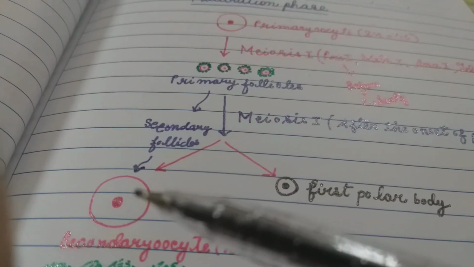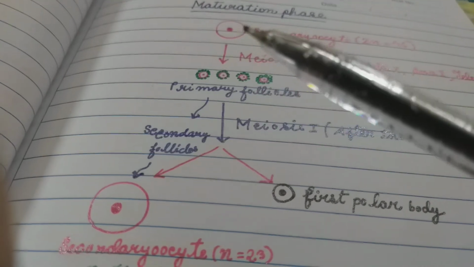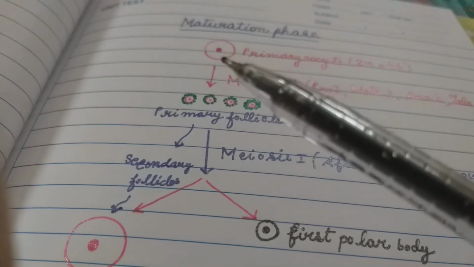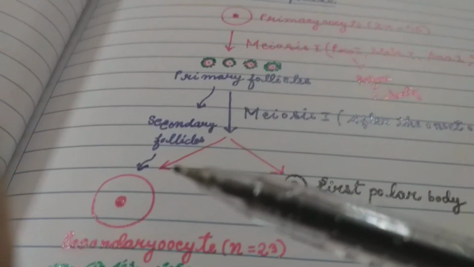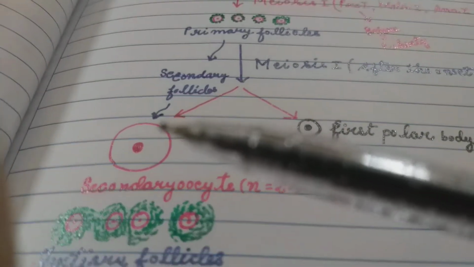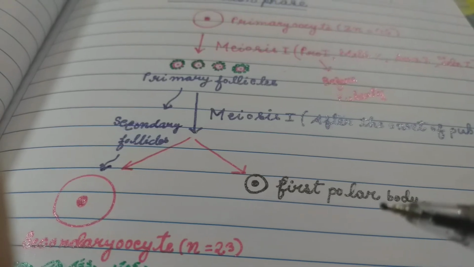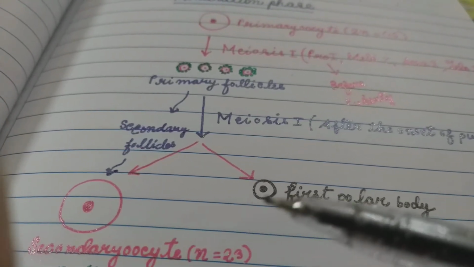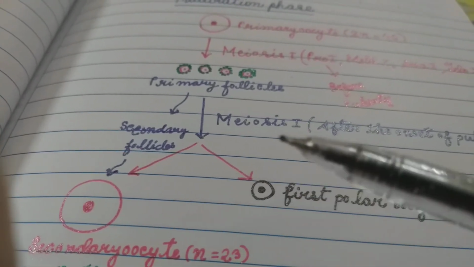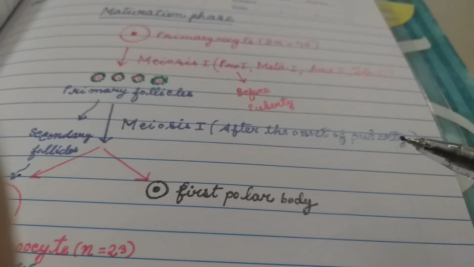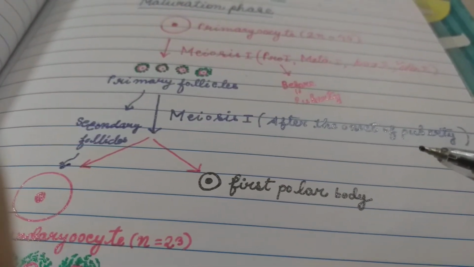It receives the bulk of the nutrient-rich cytoplasm of the primary oocyte, so it is larger in size. The first polar body is very small. Both are haploid.